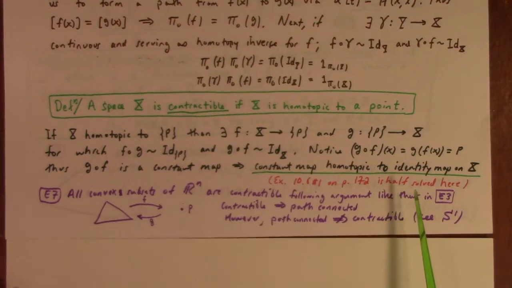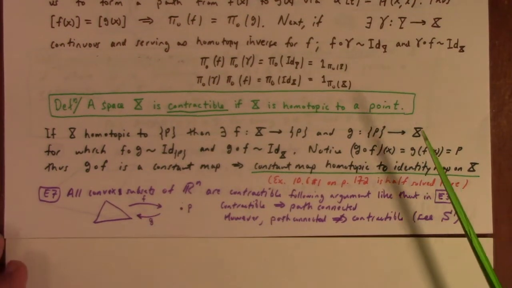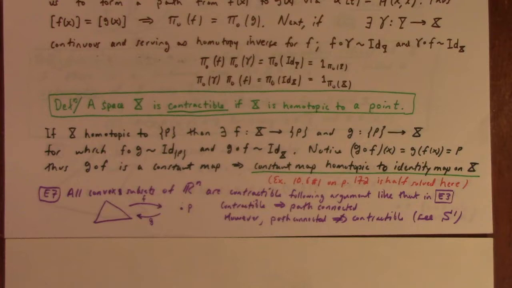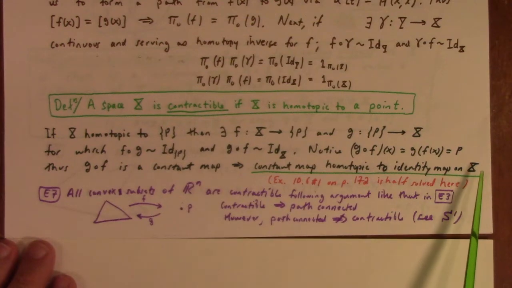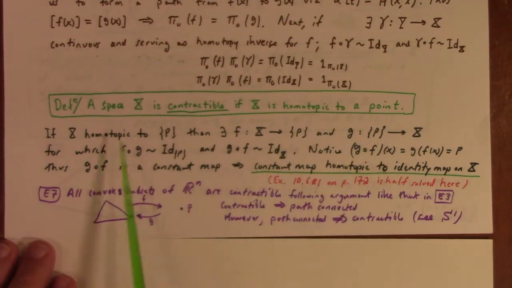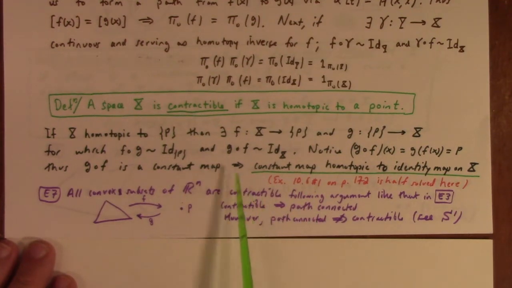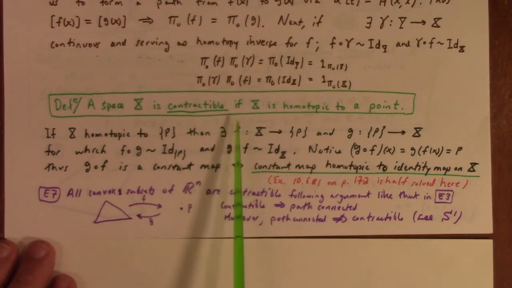All right, so, well anyway, this implies that the constant map is homotopic to the identity map on x. So this paragraph here is like half of the solution to exercise 10.6 number 1. But anyway, we can talk about contractible to a point means homotopic to a point.